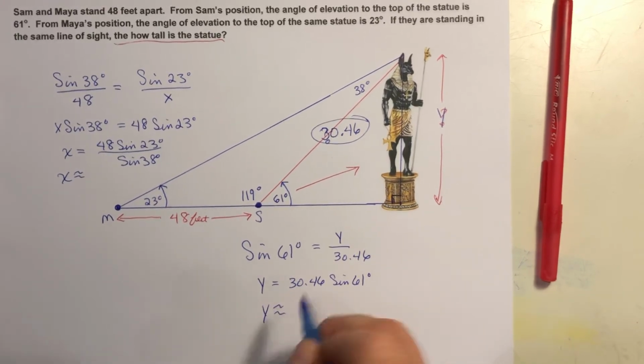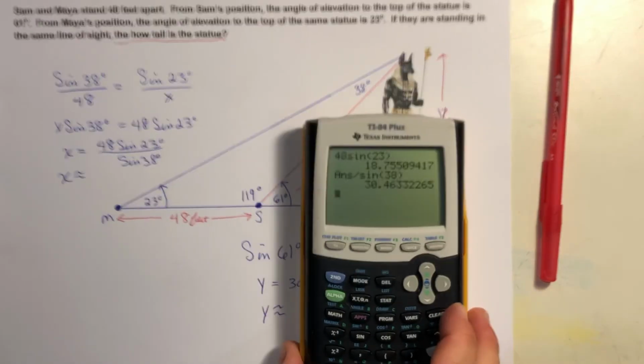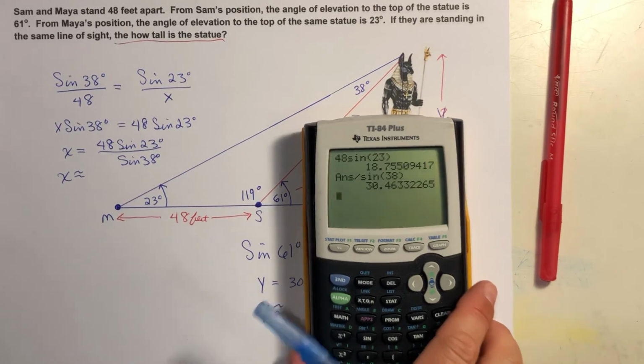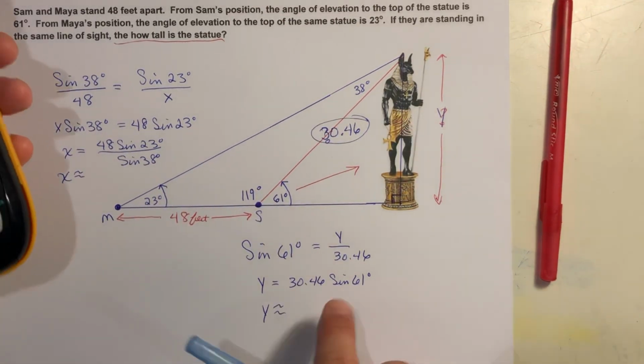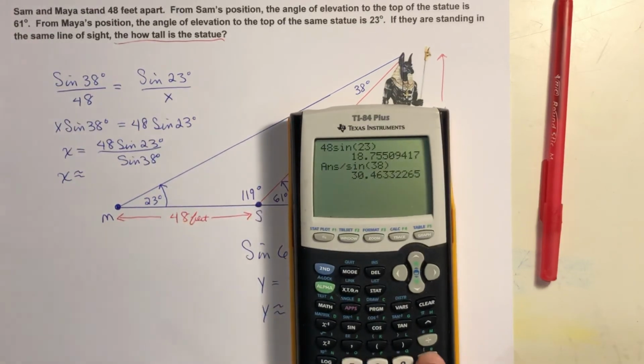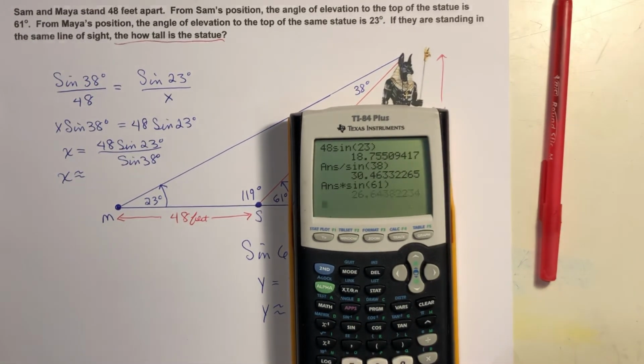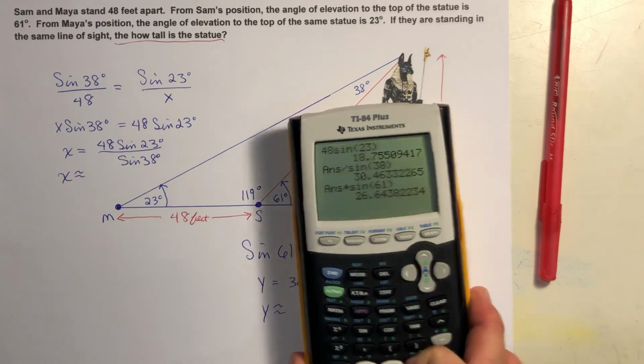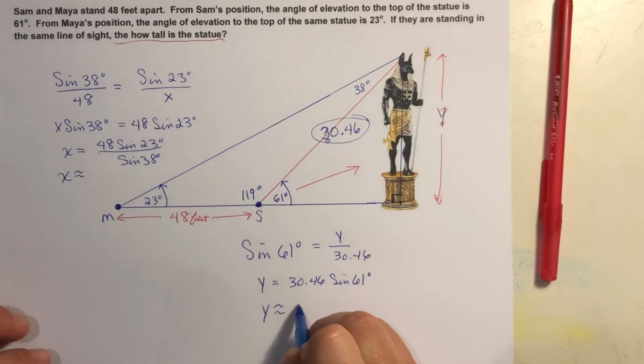Now, I left that decimal on my screen. So therefore, what I'm gonna do now is take 30.46 times the sine of 61. So I'll click times sine 61, close it, enter. Alrighty, and our statue is roughly 26.64 feet tall.